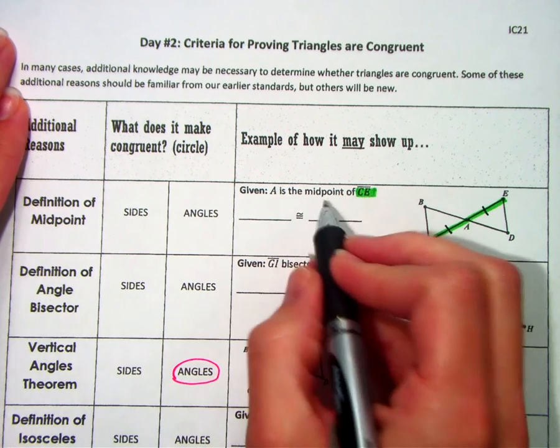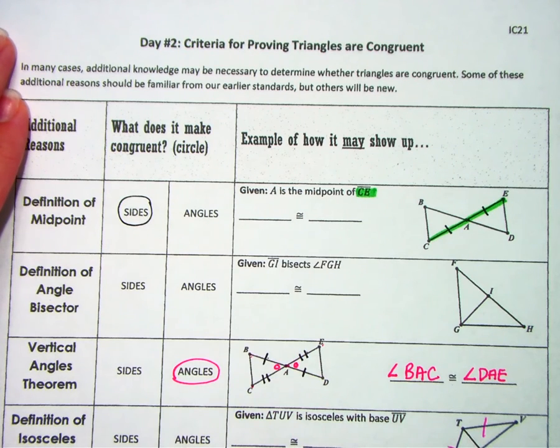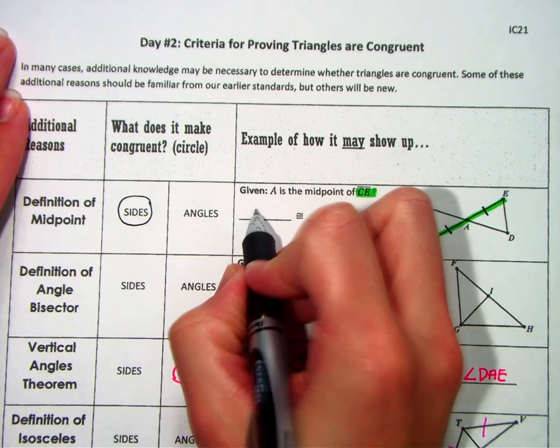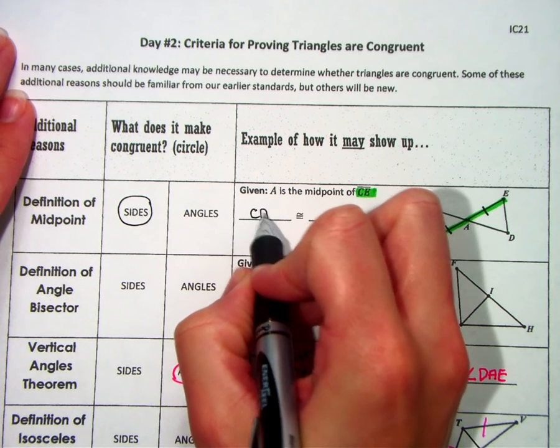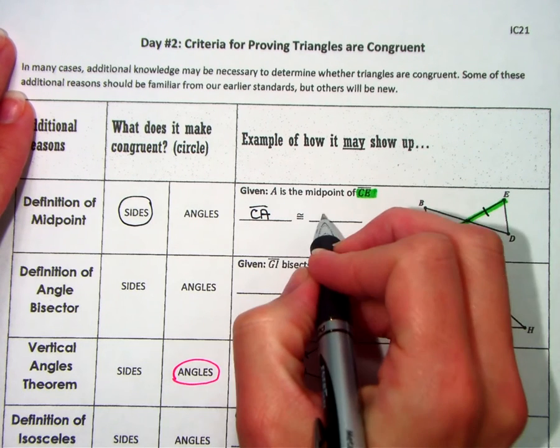So if I'm given midpoint, it's going to give me a set of sides, and specifically it would be CA, so C to A, and A to E.